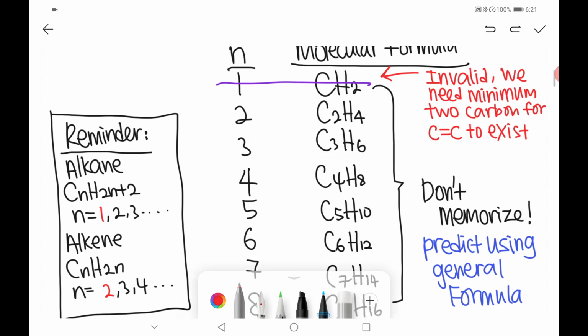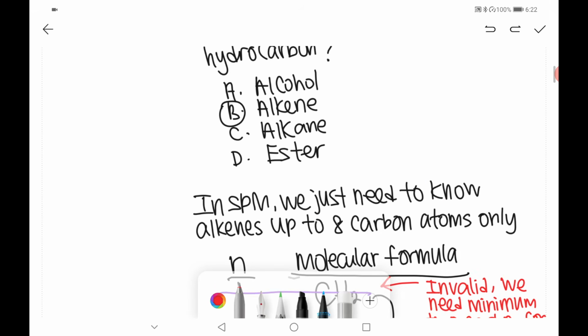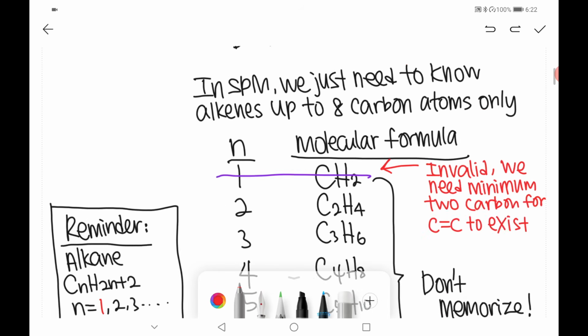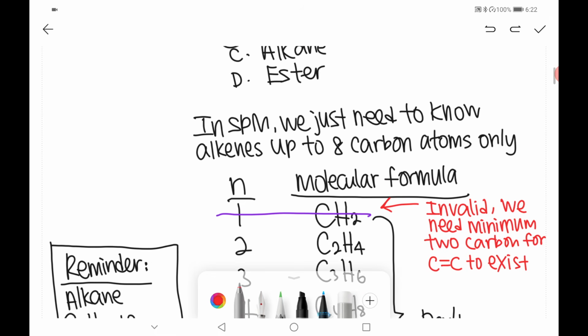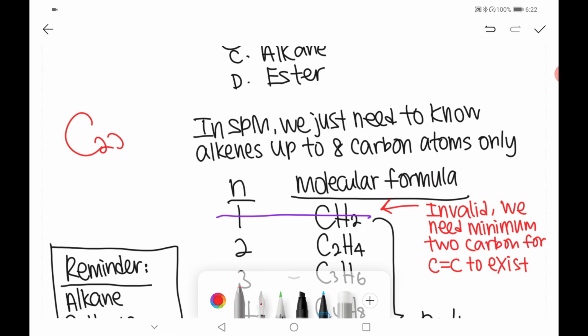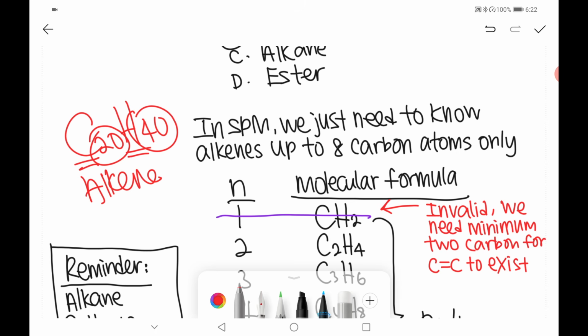So whenever you are given a formula like C20H40, when you see the carbon and hydrogen numbers double, you know already it is alkene.